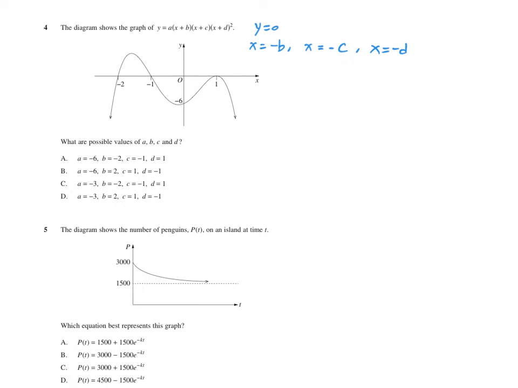Therefore, it is obvious that among these 3 zeros, only at x equal to 1 is it a turning point. Therefore, we know that minus d should be equal to 1, which means d should be equal to minus 1.